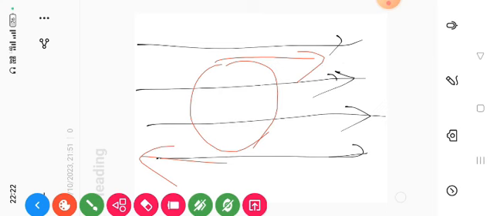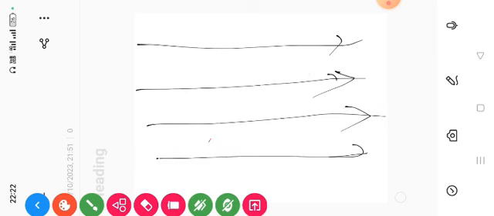So it was creating a rotation effect. Similarly here, a rotation effect will be created. The dipole will be rotated.